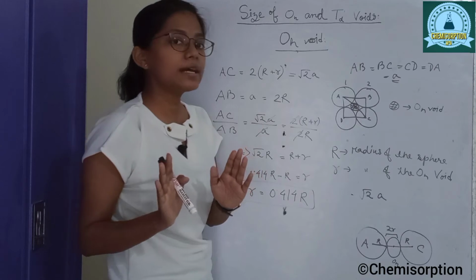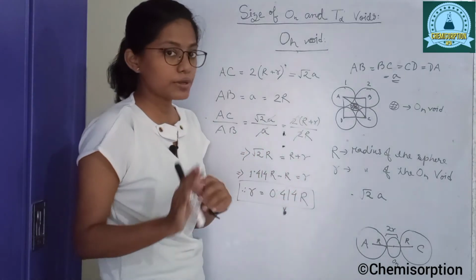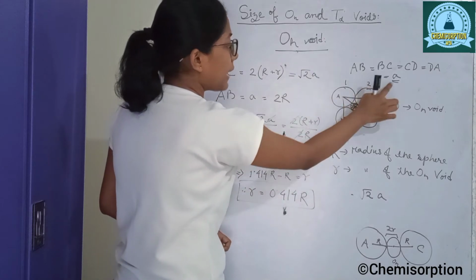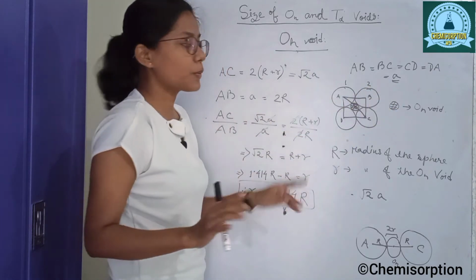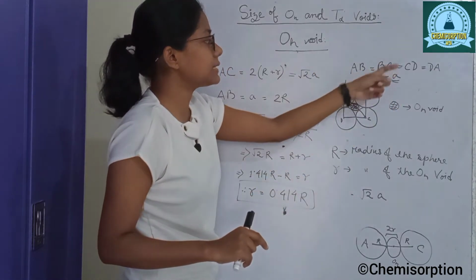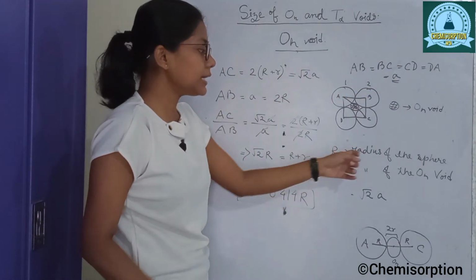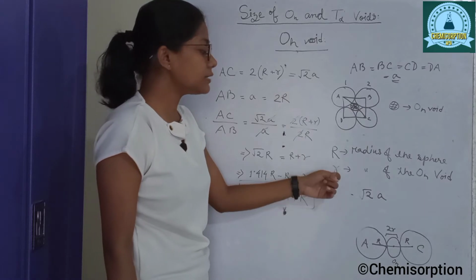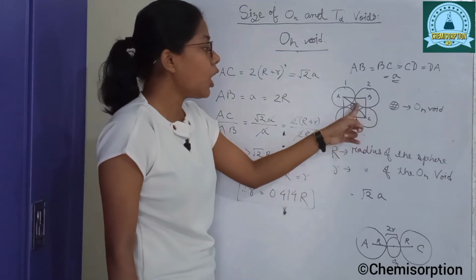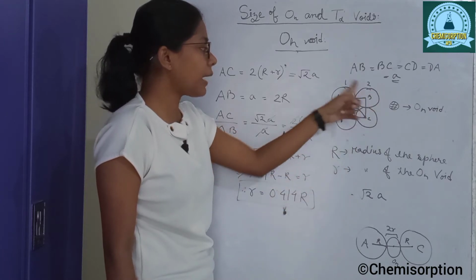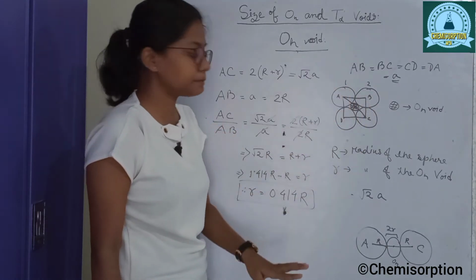If we join the centers of these 4 spheres, we will get one square. If a is the side of that square, then AB, BC, CD, DA all will be equal to a. And we are considering R is the radius of the sphere and small r is the radius of this small octahedral void that is formed by these spheres.